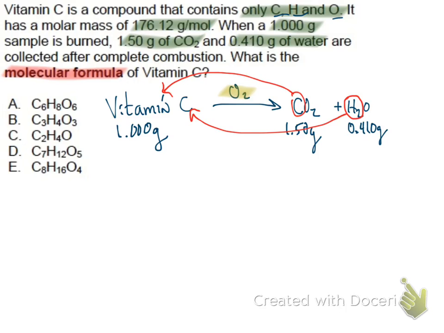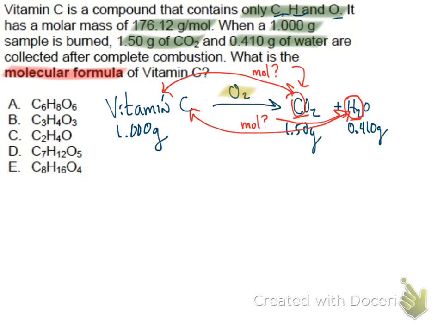And so what we want to find is the number of moles of carbon and the number of moles of hydrogen that were present in the original vitamin C. That's not too hard to do, because all the moles of carbon we have at the end and all the moles of hydrogen we have at the end come from vitamin C. So let's just figure out how many moles we have at the end for each of these, and that'll tell us how many moles we started with.